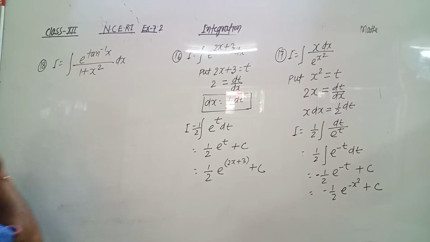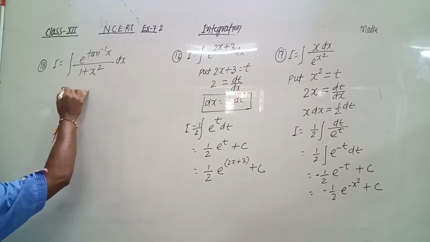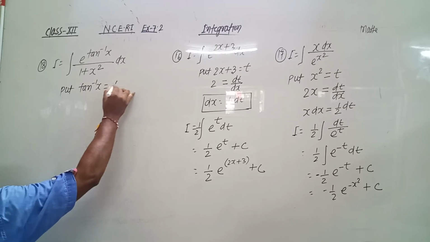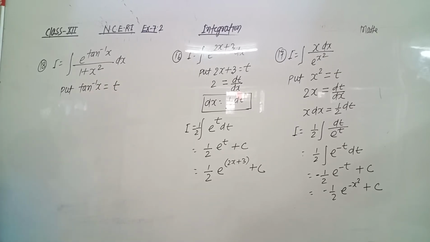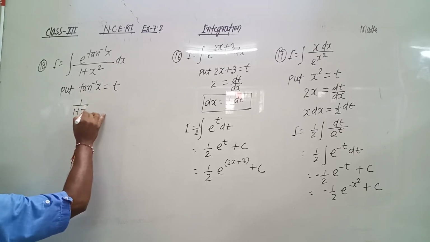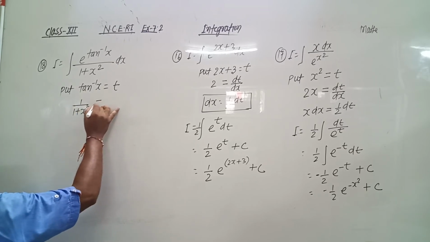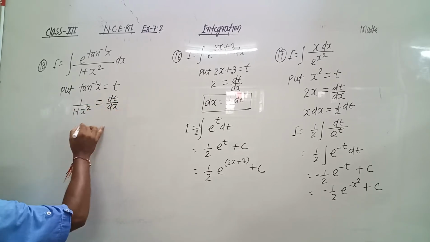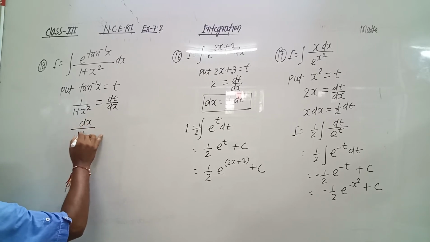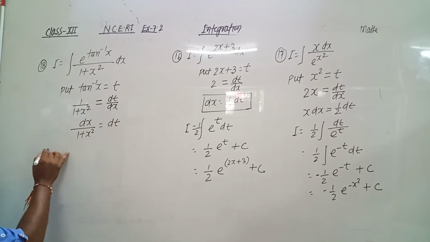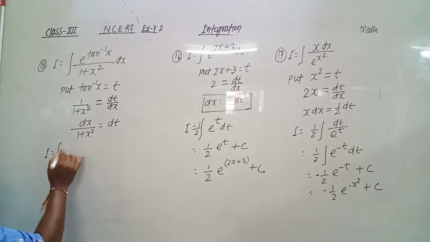So we put tan inverse x equals t and differentiate both sides with respect to x. Differentiation of tan inverse x is 1 upon 1 plus x square, and differentiation of t is dt by dx. So we get dx upon 1 plus x square equals dt.